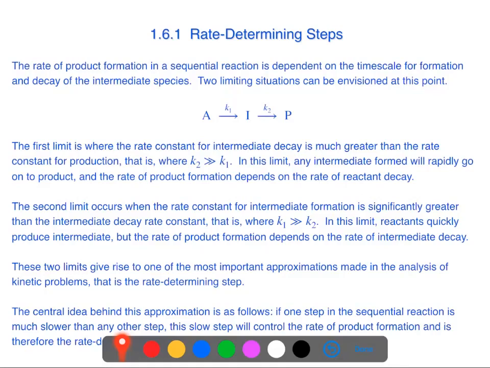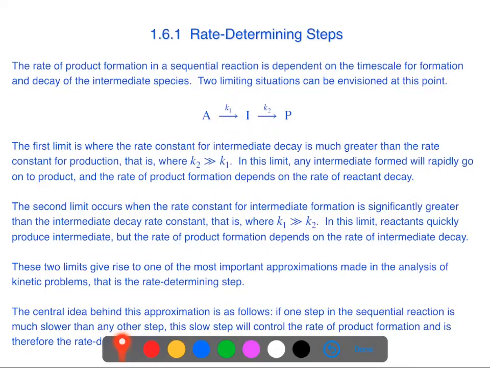So we could show that particular condition or limit as K2 is much greater than K1. So in this limit, any intermediate that is formed will rapidly be transformed into a product. And so the rate of product formation depends on the rate of reactant decay and not on the rate of the intermediate decaying to product.